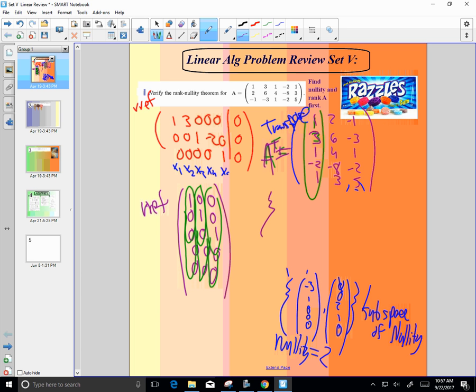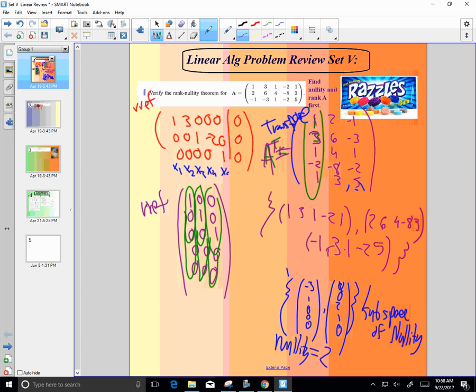The first one, 1, 0, 0, 0, 0, it's going to be 1, 3, 1, negative 2, 1. And because you got 3 of these, you're going to have 3 of these. 2, 6, 4, negative 8, 3, and negative 1, negative 3, 1, negative 2, 5.